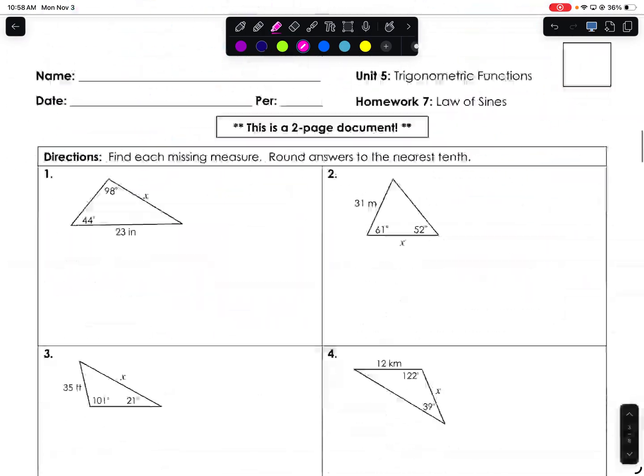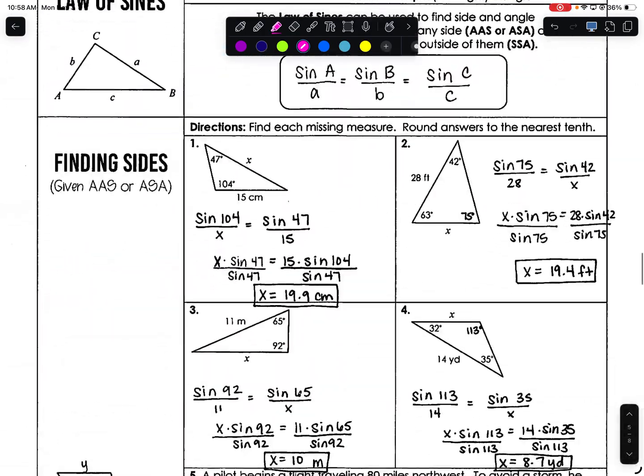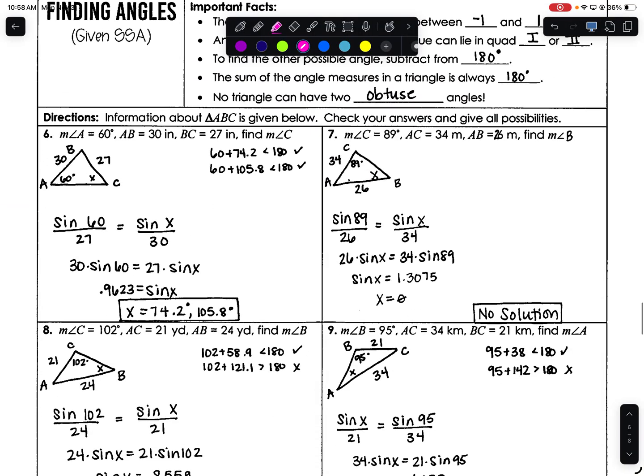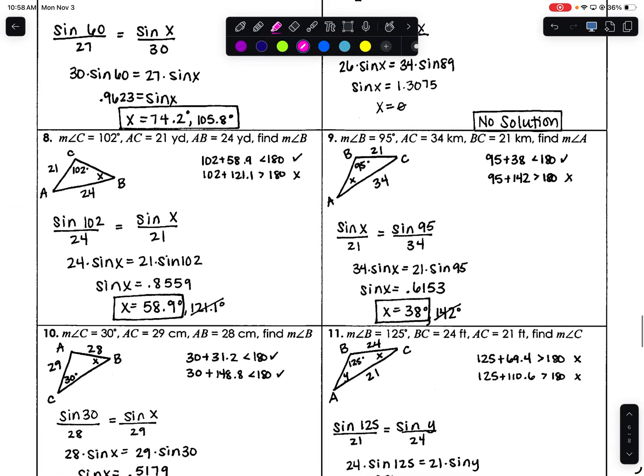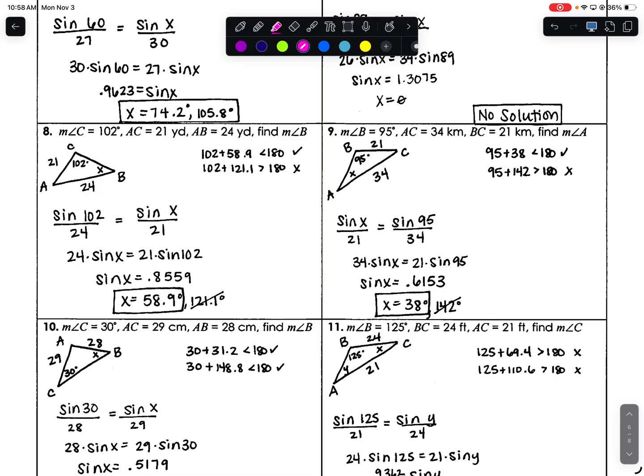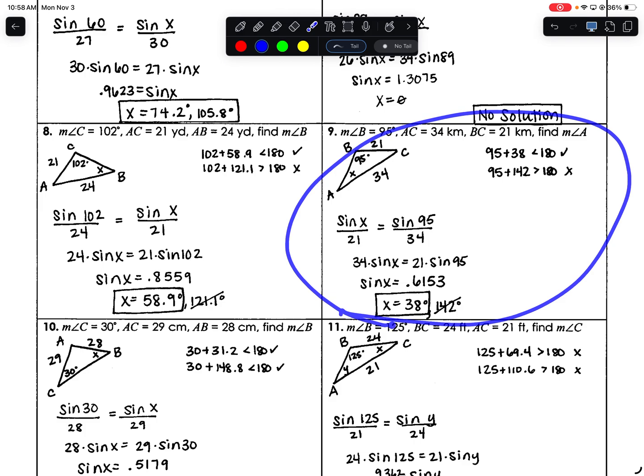I just want to show you homework. So let's look at this one over here, number 9, which is part of your homework, right? You can just look up here, it's not going to really help you to look at your paper, but we did law of sines and figured out that the first angle was 38 degrees.